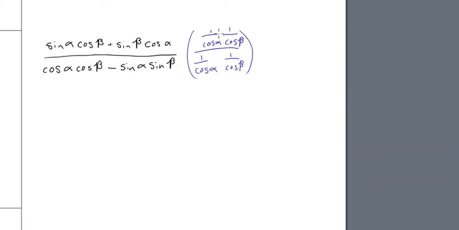To clean it up a little bit, this is really going to be multiplying both the top and the bottom of our fraction right here by 1 over cosine alpha times cosine beta. And that'll help us to get tangent up in the numerator.